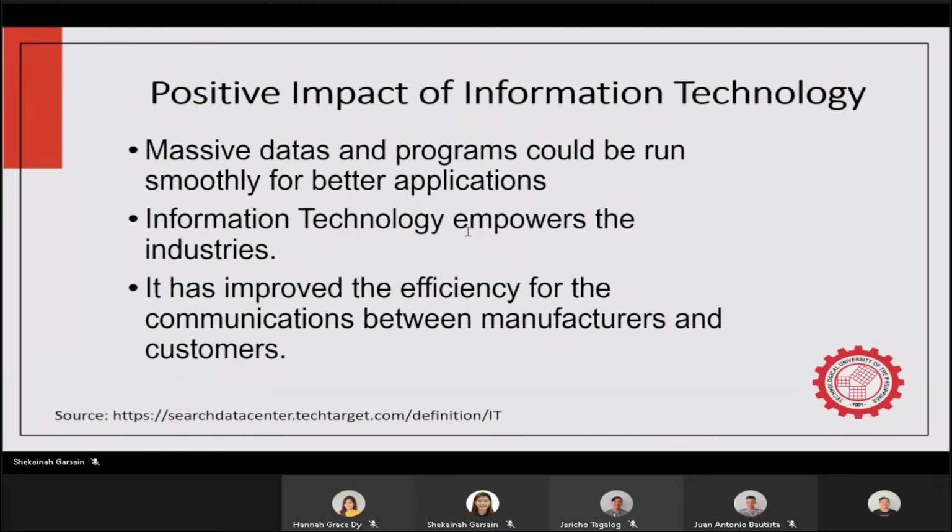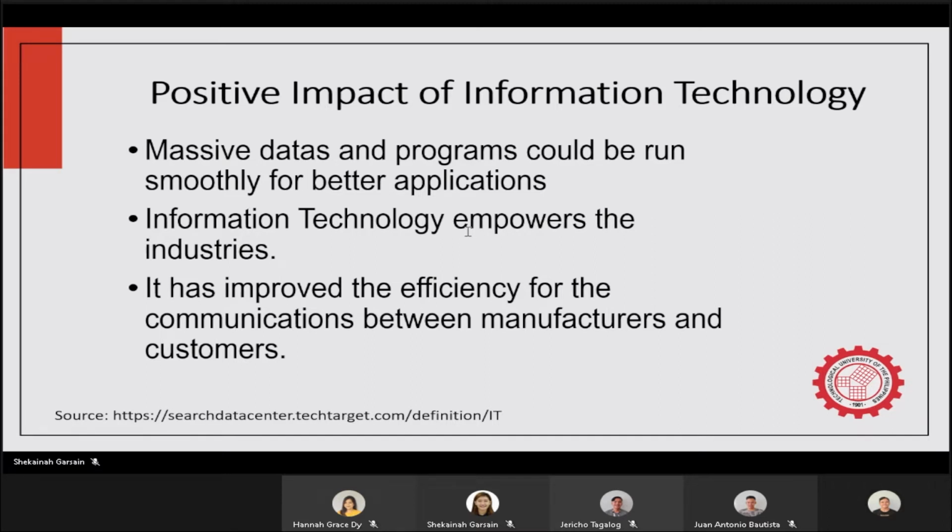Also sa mga employee naman na hindi nakakatapos ng mga task nila, pwede nilang gamitin yung information technology para matapos nila yung trabaho nila kahit nasa bahay sila, kahit away from the office.